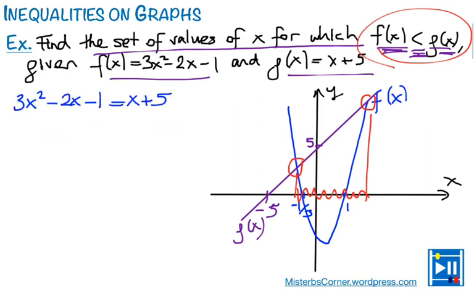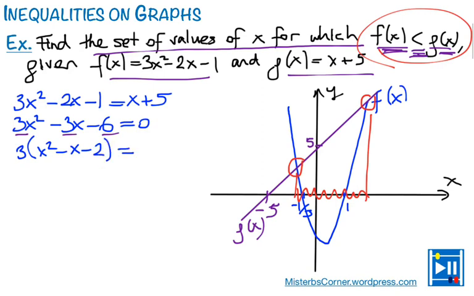When I equate them, I'm going to have another quadratic equation, because I have to equate the right hand side to 0 to be able to solve it. But notice here that the coefficients are multiples of 3. So I can take 3 out, which would be x squared minus x minus 2. And then I could say that x squared minus x minus 2 is 0.